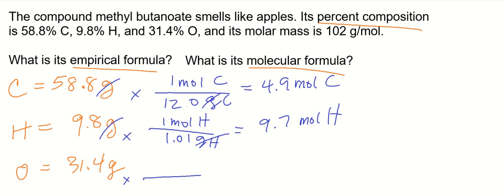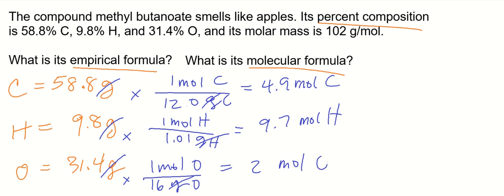And finally, 1 mole of oxygen has a mass of 16 grams, so we did that to cancel out the grams and convert to moles. 31.4 divided by 16 is 1.9, no, that's just 2 moles of oxygen.